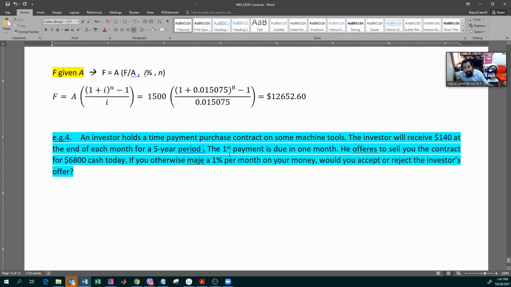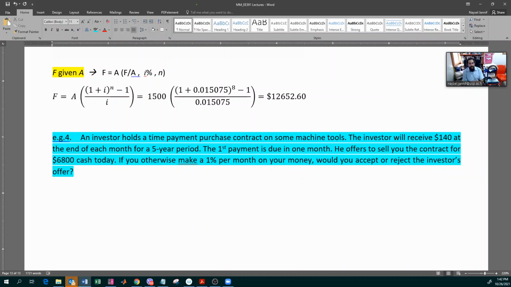Remember, this is monthly. The first payment is due in 1 month. He offers to sell you the contract for $6,800 cash today. If you otherwise make 1% per month on your money, would you accept or reject the investor's offer?